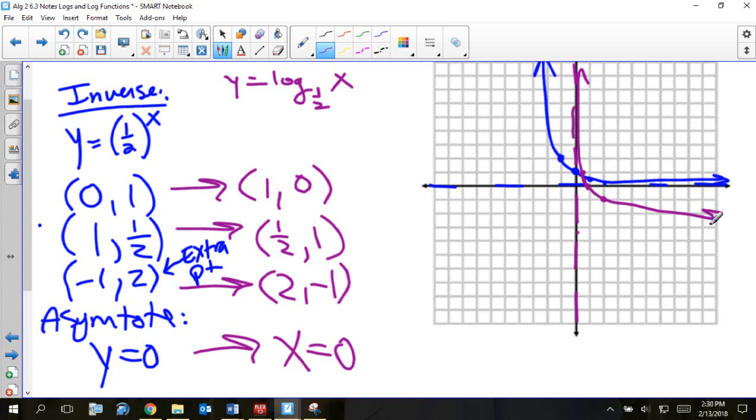That would bother me, so I was happy I had that extra point there. And if you're looking at the y equals x line, they should look like they reflect over it, even though they're on top of each other somewhere.